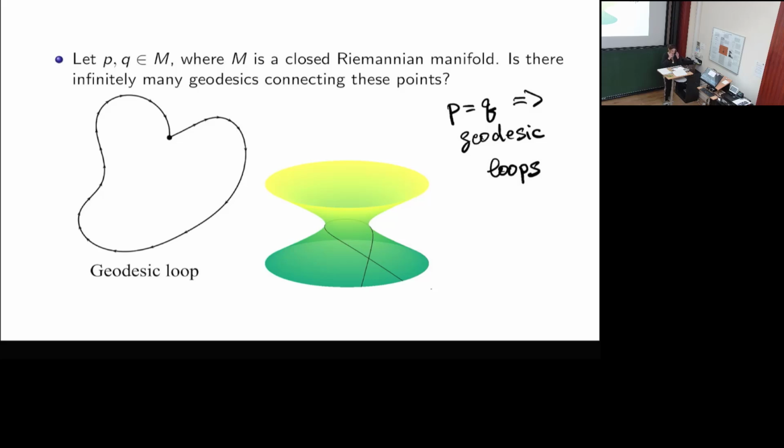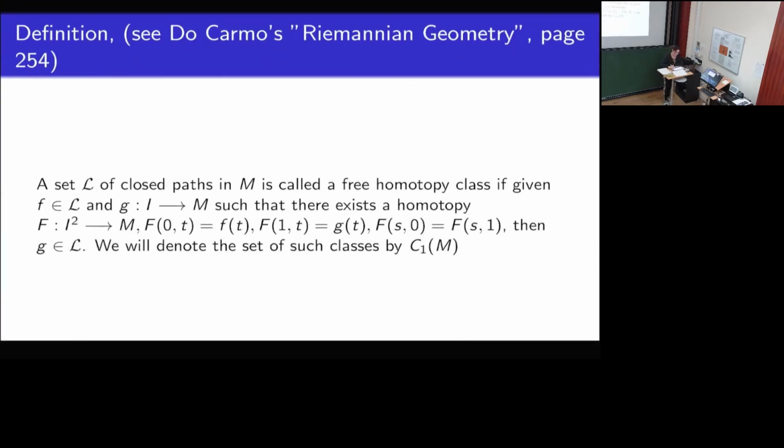In particular, and this is a theorem of Cartan, if you start off with a manifold that is not simply connected, you can consider a free homotopy class. And Cartan's theorem tells us that there will be a geodesic corresponding to a non-trivial free homotopy class.